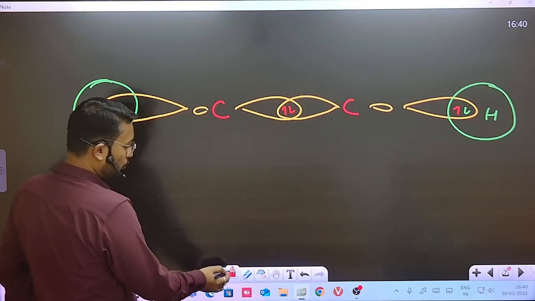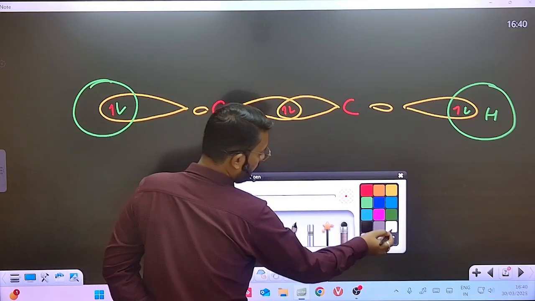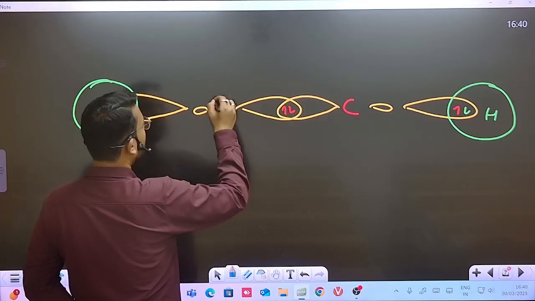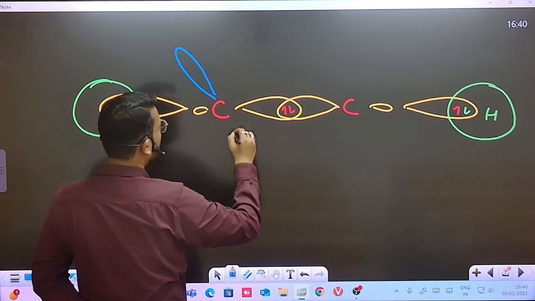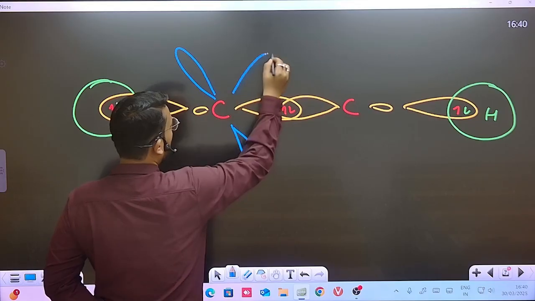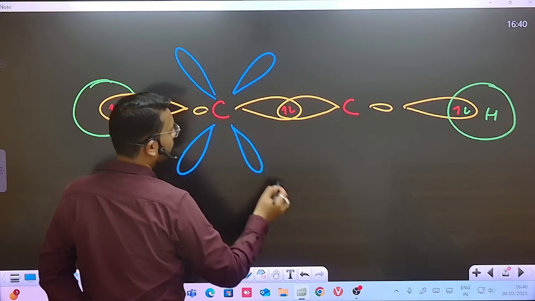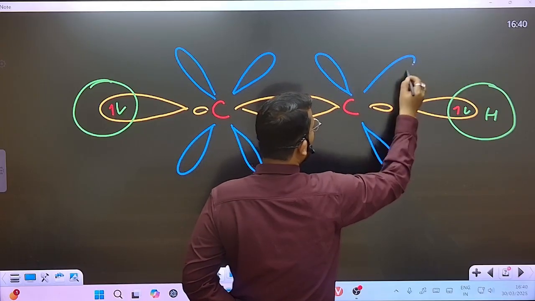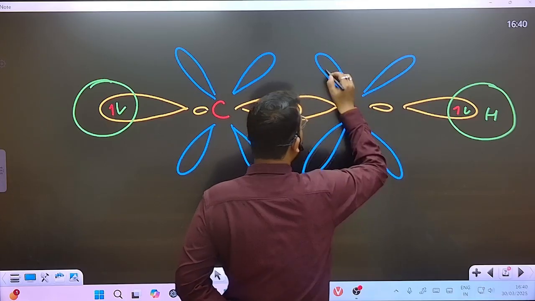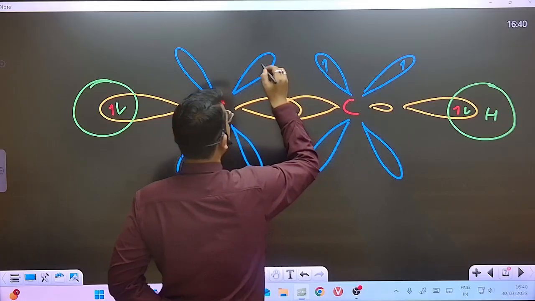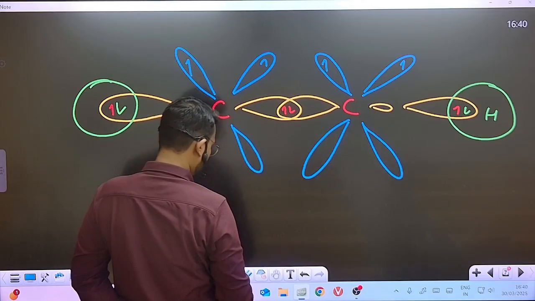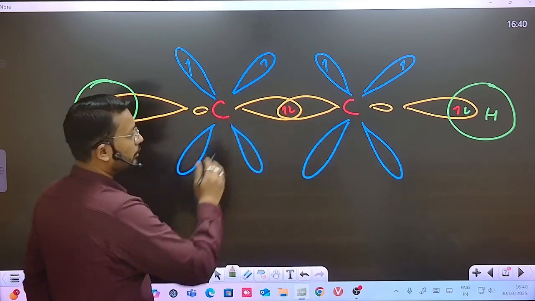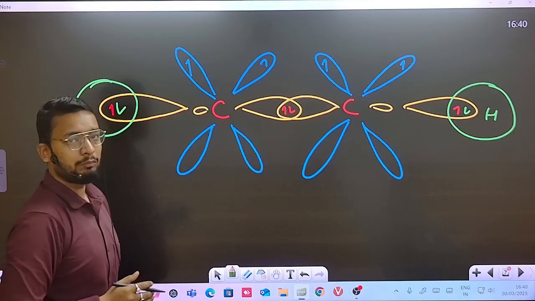And there are 2 p orbitals this time which are unhybridized, which have 1 electron each. Now these are going to overlap with each other, making pi bonds.